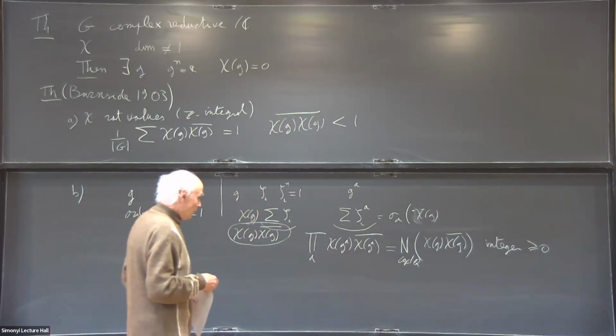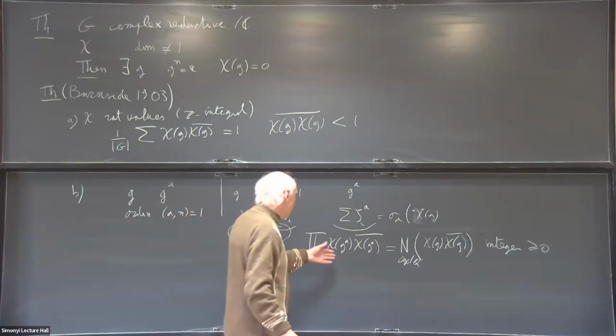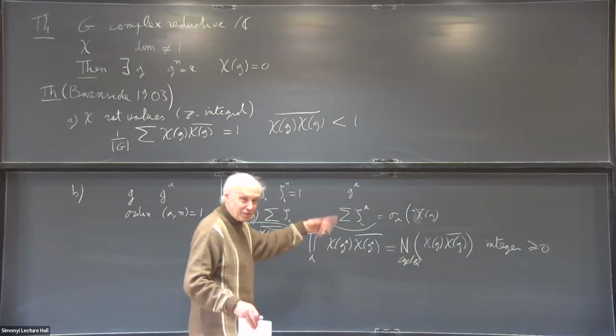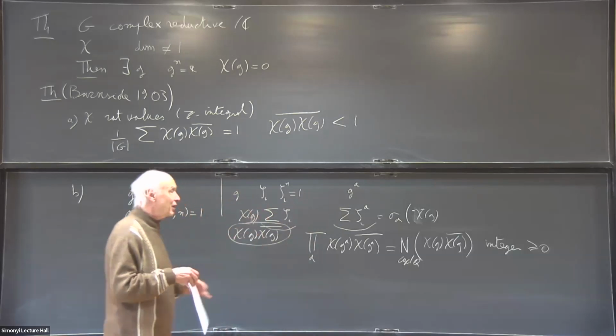Now, if this integer is 0, we are very happy. We have proved that the character vanishes everywhere.